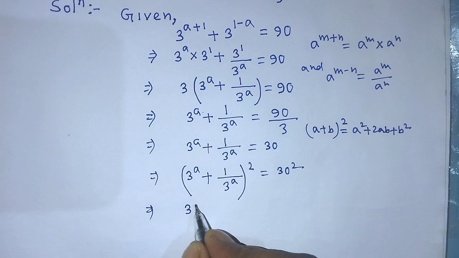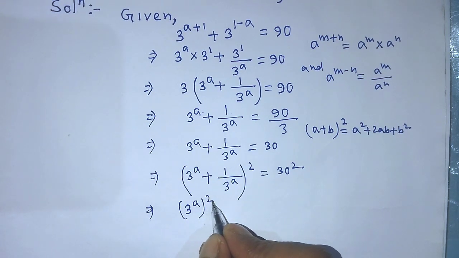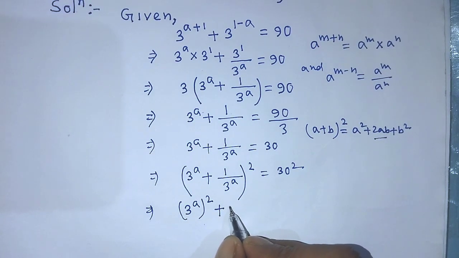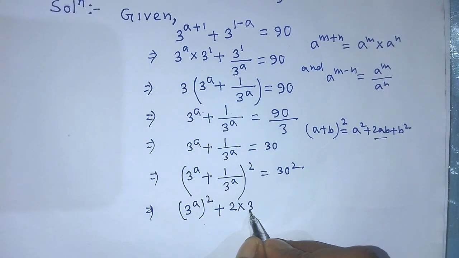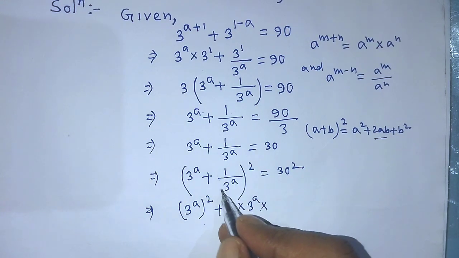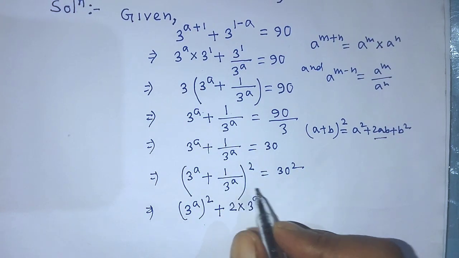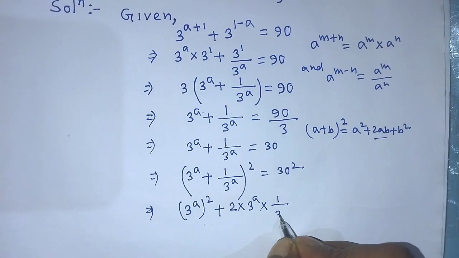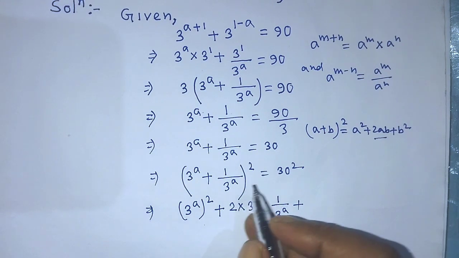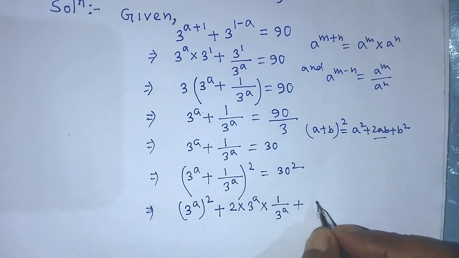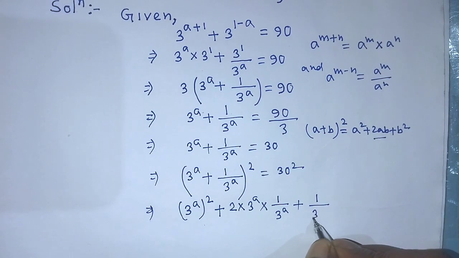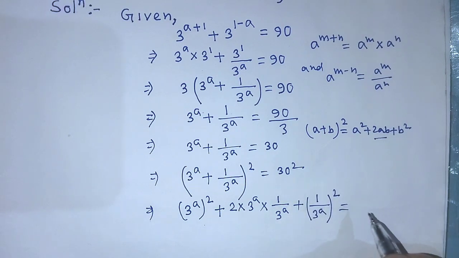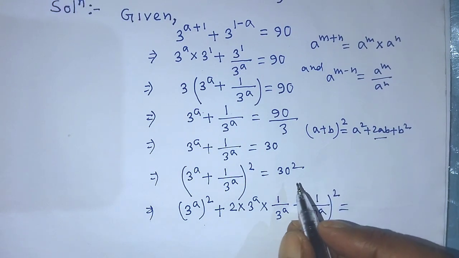(3 to the power a) whole to the power 2 plus, in the place of 2ab we have to write 2 into 3 to the power a into, in the place of b here is 1 over 3 to the power a, plus, in the place of b square we have to write (1 over 3 to the power a) whole to the power 2 is equal to, on the right hand side you have to write the square of 30.